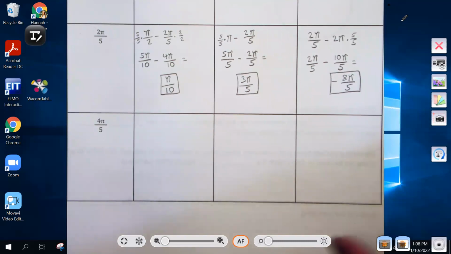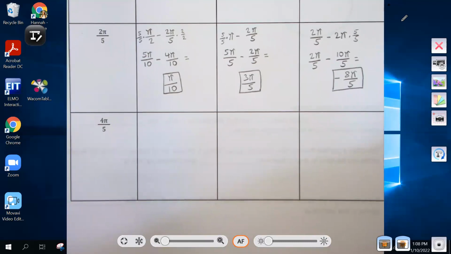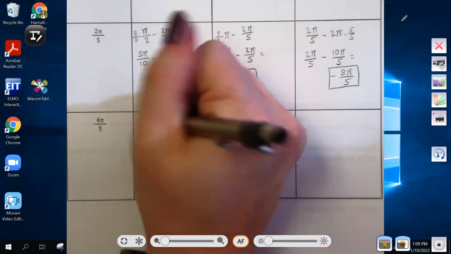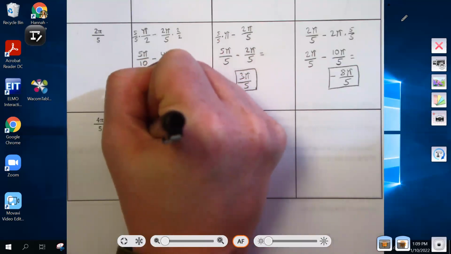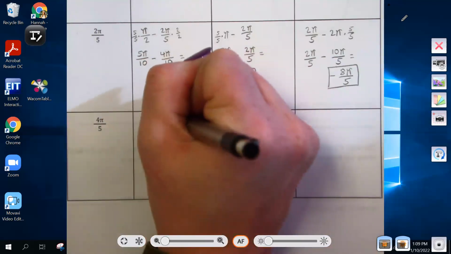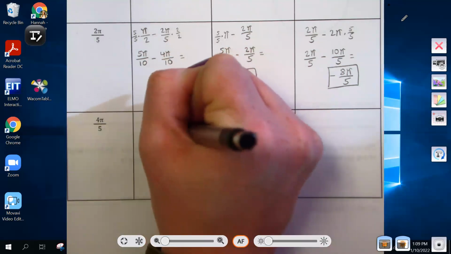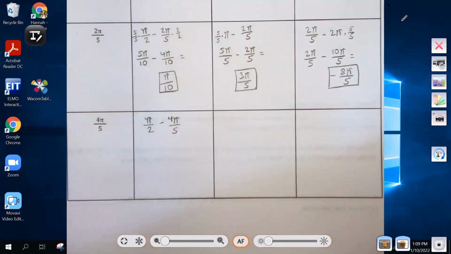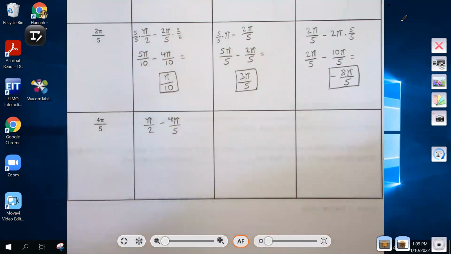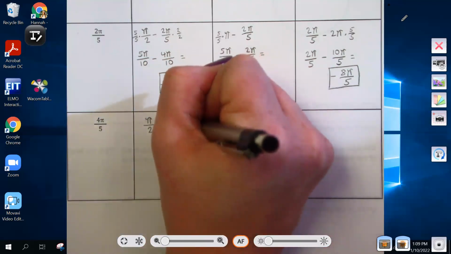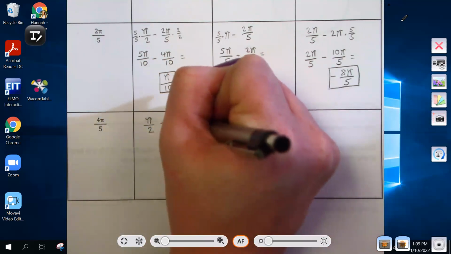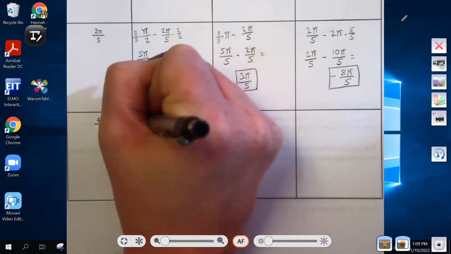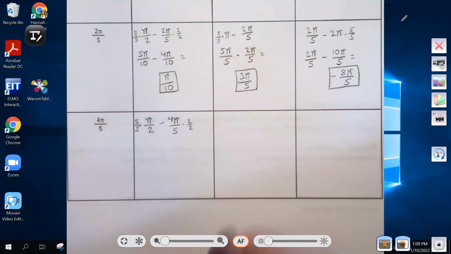Okay, last one, 4 pi over 5. How do we find the complement? Pi over 2, which is the same as 90 degrees, minus 4 pi over 5. Make the denominators the same, which again, it looks like 10 is going to be what we need to aim for. So multiply by 5 over 5, and then by 2 over 2.